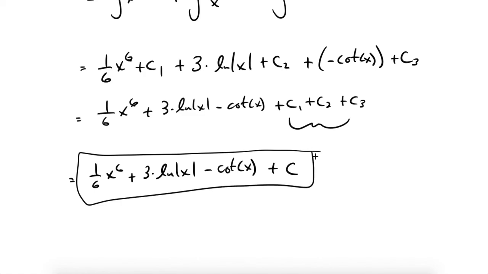When you're taking antiderivatives, you should only ever have 1 plus c if you're doing 1 antiderivative, because all the individual pieces can just be combined. There's nothing special about these constants. I don't know what they are. So I'm going to call all of these just c. Whatever that is, that's my constant now, so I don't have to show the different pieces. This is the basics of how antiderivatives work.